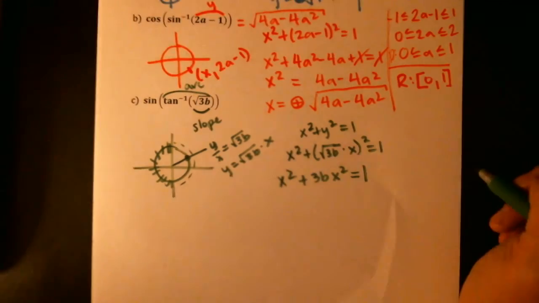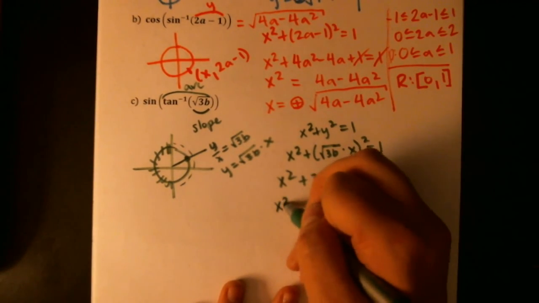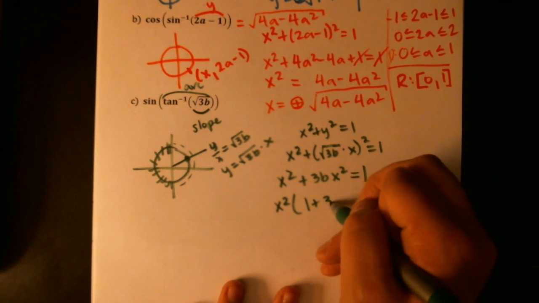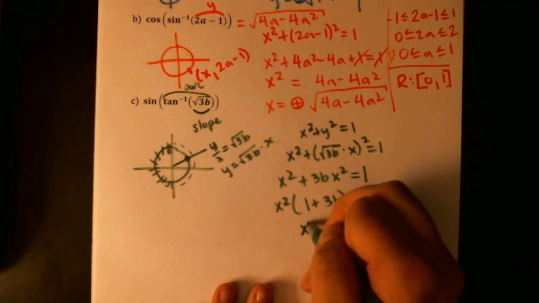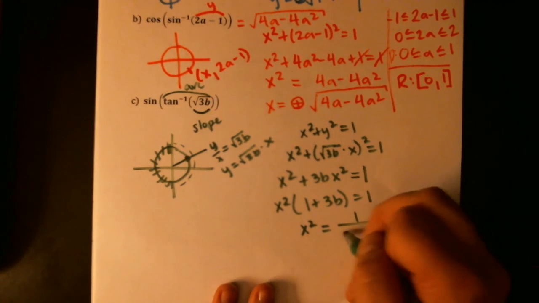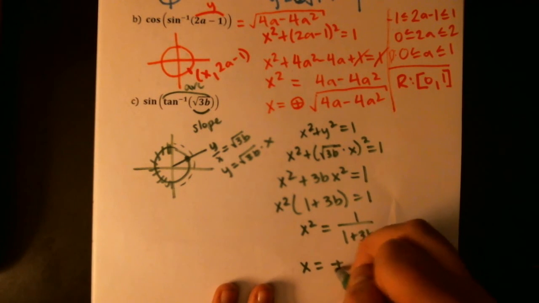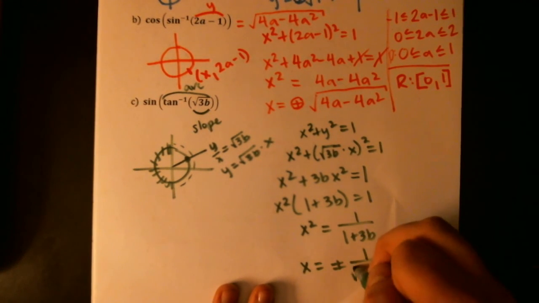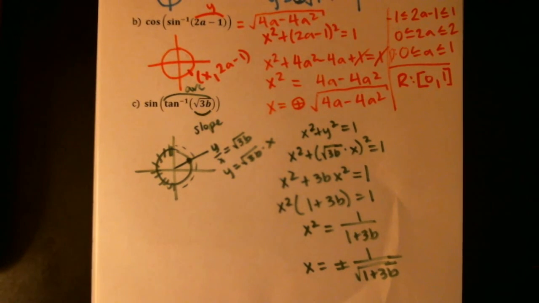Okay, and this starts to look a little hairy, but it is really doable as long as you don't forget that you can factor out an x squared. And I have a 1 plus 3b, and then you can divide, and then you can square root both sides. Okay, so this is where I end up.